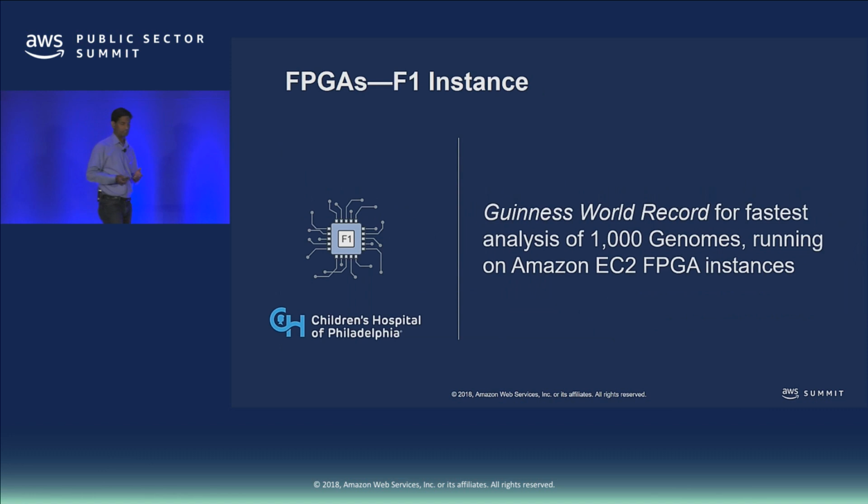Going into F1 instances, this is the FPGA type instances that we were talking about. The reason I wanted to highlight this is that during one of the POCs, they set a new world record for fastest analysis through FPGA instances, getting 100 genomes processed in record time.